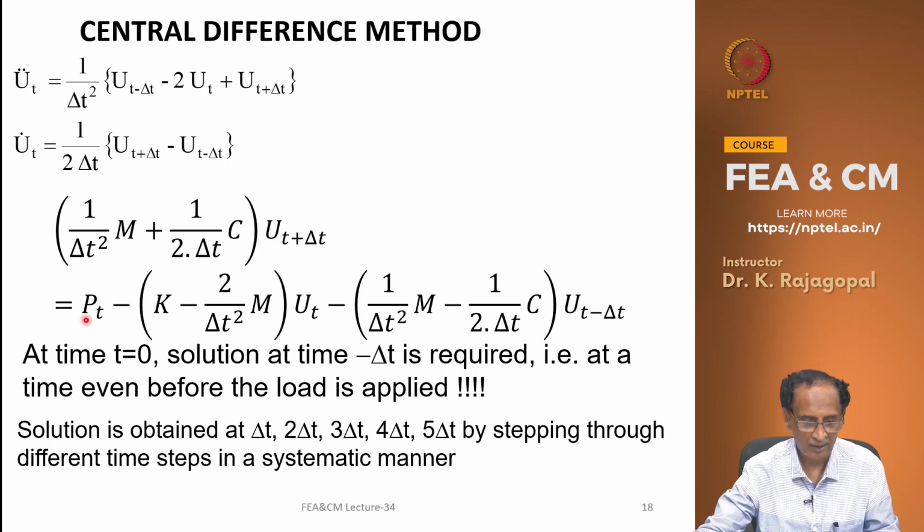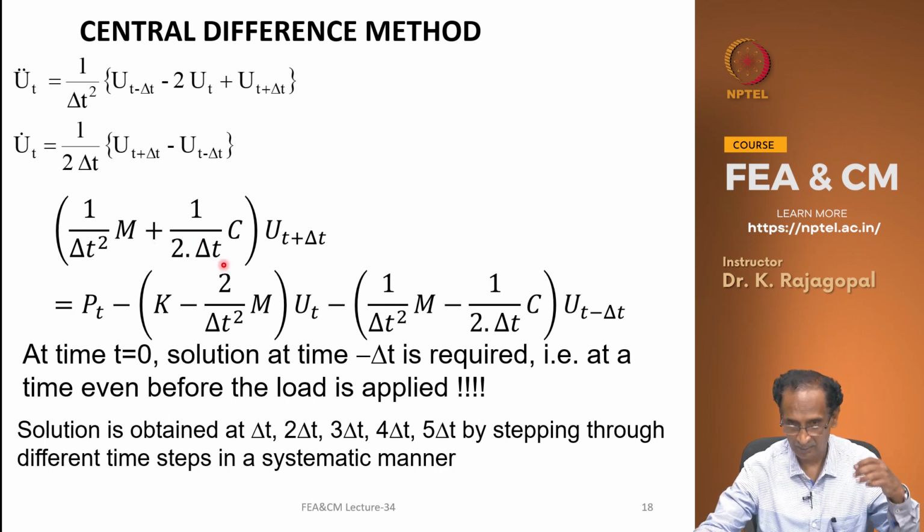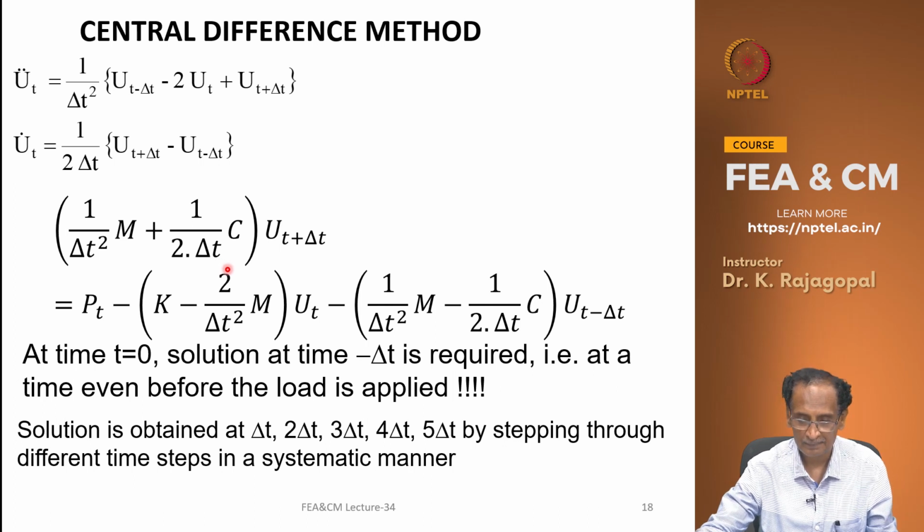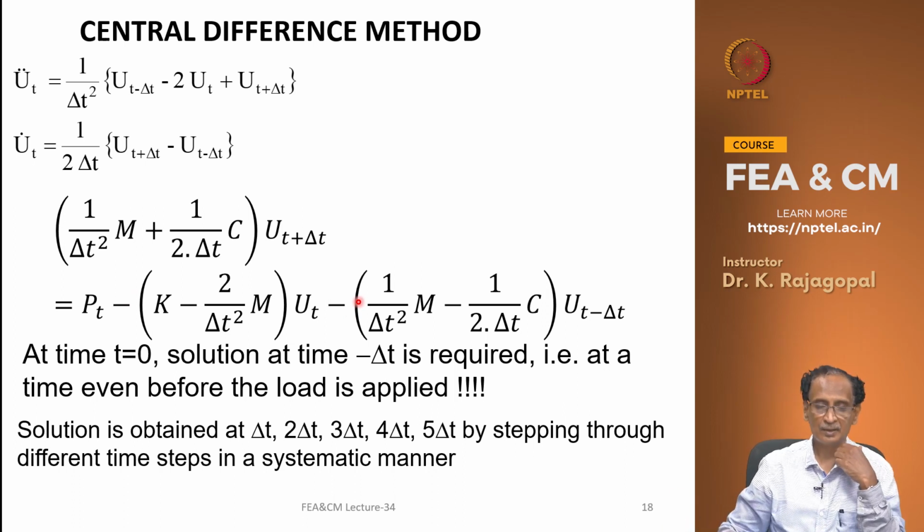And so we have on the right hand side the load at time t minus the k minus 2 by delta t square m times u at t and so on, and then on the left hand side we have some effective stiffness matrix, m by delta t square plus c by 2 delta t, times the displacement at the next time step. And so we can repeatedly solve this equation and then get our solution.